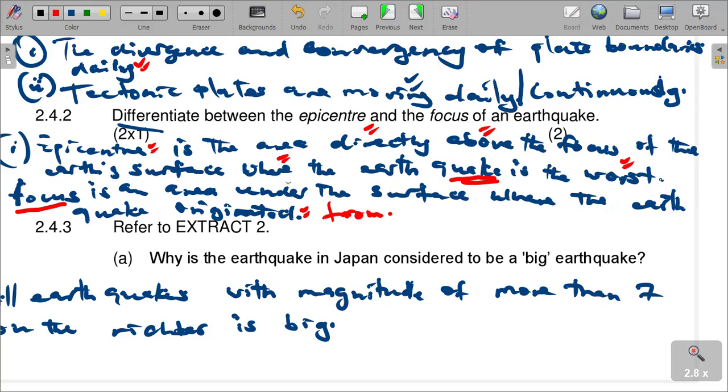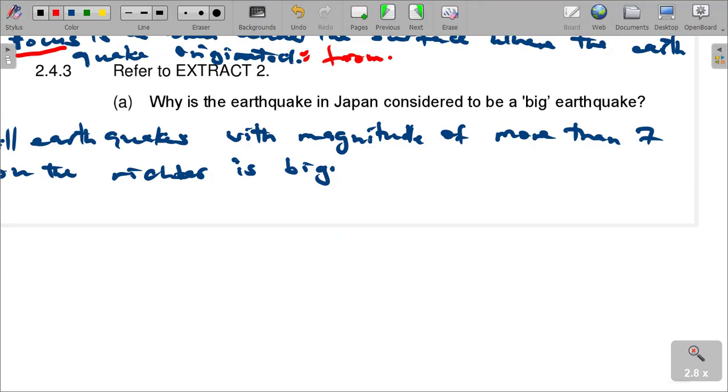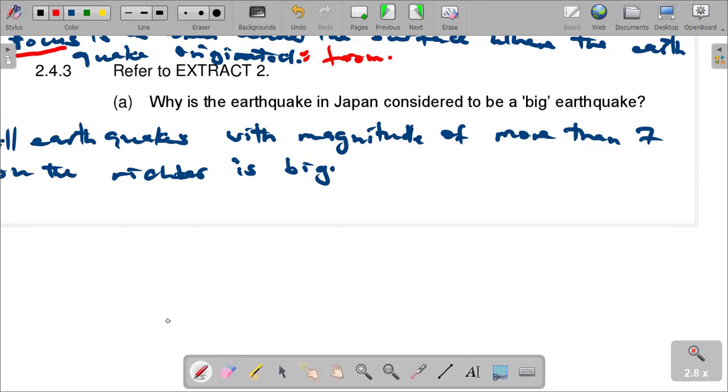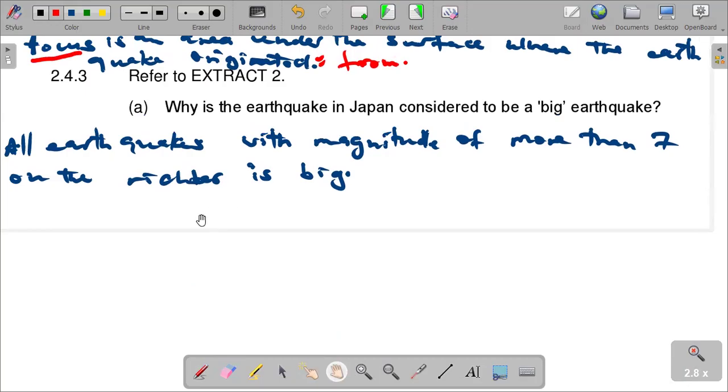So why is the earthquake in Japan considered to be a big earthquake? It is because in our reference essay that we are given here, it is said that earthquakes with a magnitude of more than 7.0 on the Richter scale are big.